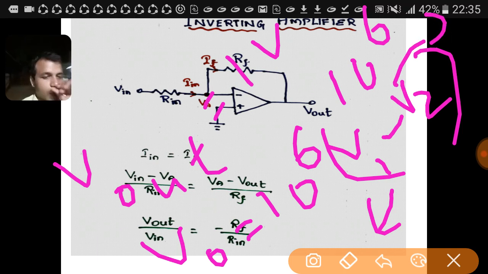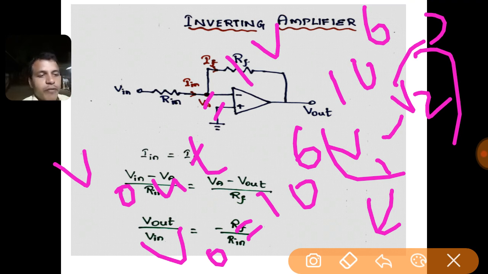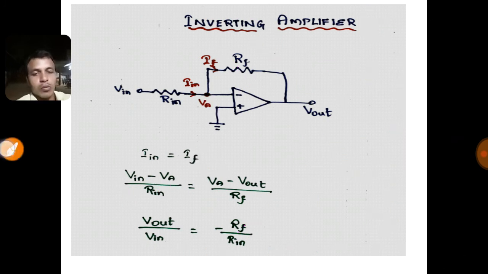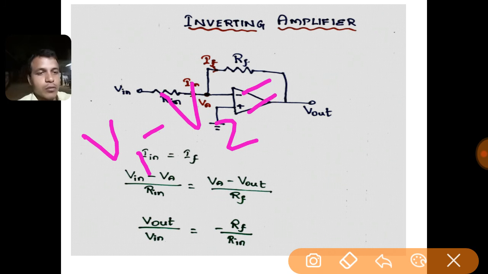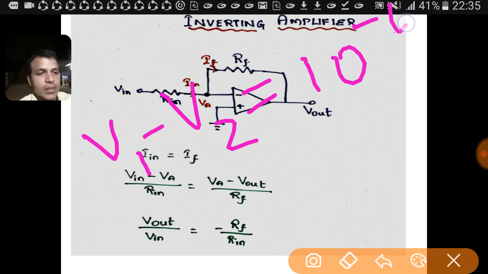So what will be V1 minus V2 from this equation? V1 minus V2 is equal to V out, 1 volt, divided by 10 power 6, so that is equal to 10 power minus 6 volt.